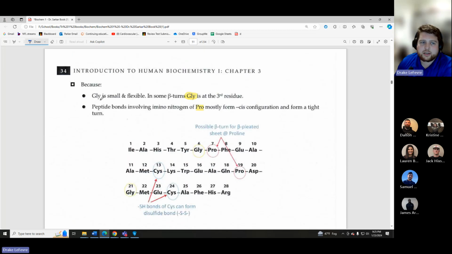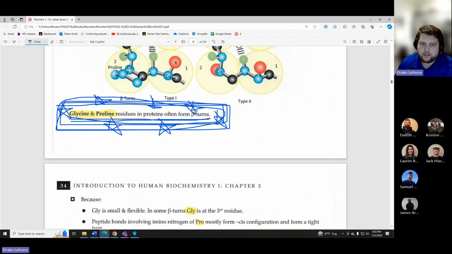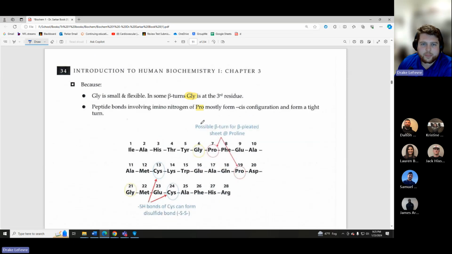This is because glycine is small and flexible. This is explaining why they form the beta turns. Proline is an imino nitrogen, meaning that it doesn't contain hydrogen. So it's the only one that forms the cis configuration rather than the trans configuration.